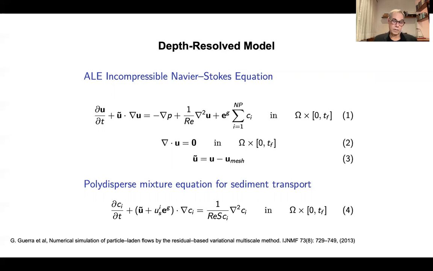We assume the standard compressibility equation, and u tilde is basically the velocity minus the mesh velocity, which is typical for ALE formulations. And this is coupled with a polydisperse mixed equation for sediment transport for each one of the different granulometries. And then we have u_s, the settling velocity for each granulometry. The details of the formulation are in our IJNMF paper, which you can see below.